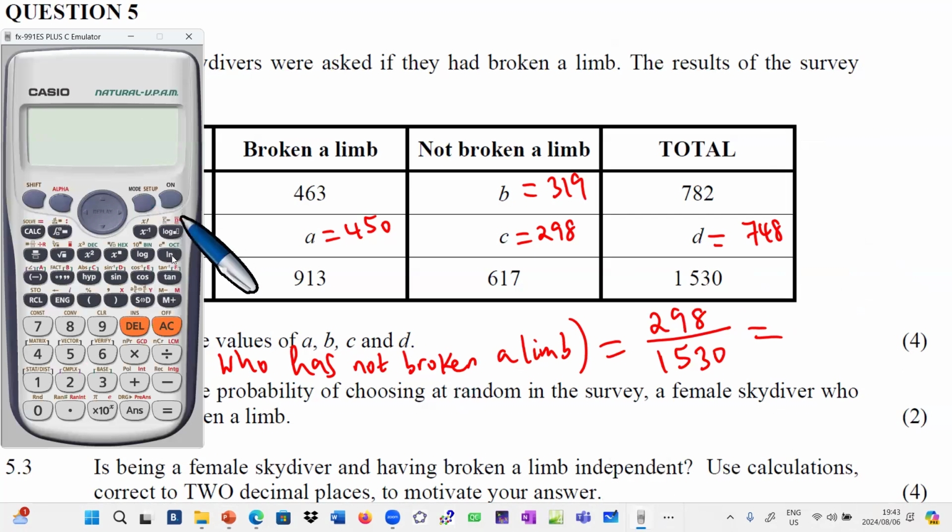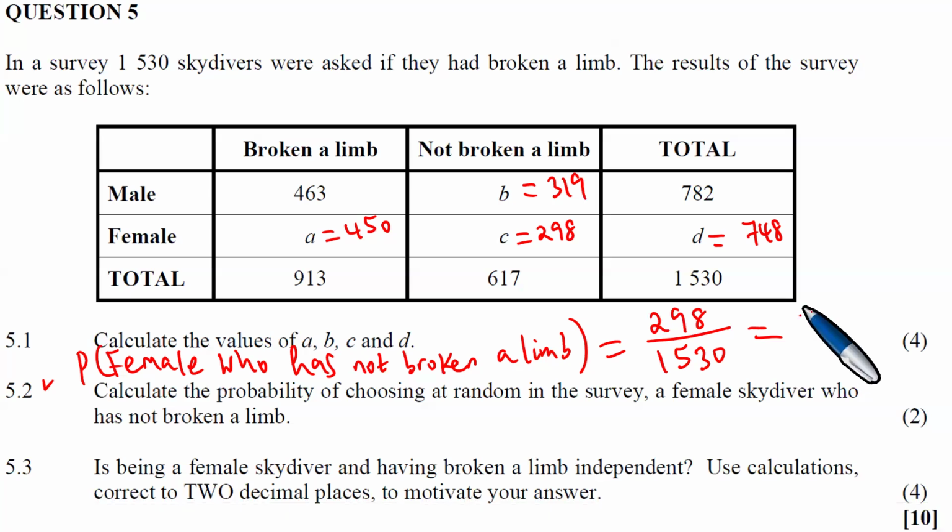So now you can take a calculator and say, right, you have exactly 298 divided by 1530. And you have 149 divided by 765. Any question?